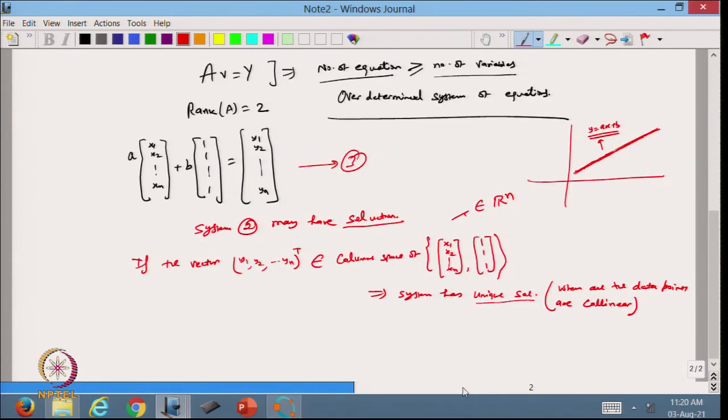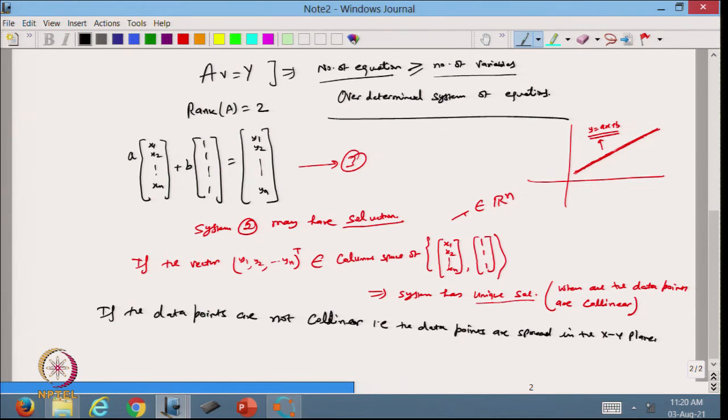So in this case, if the data points are not collinear, that is, they are sparse, the points are spread all over the domain, the data points are spread in the xy plane, then this implies that the system Av equal to y is inconsistent.